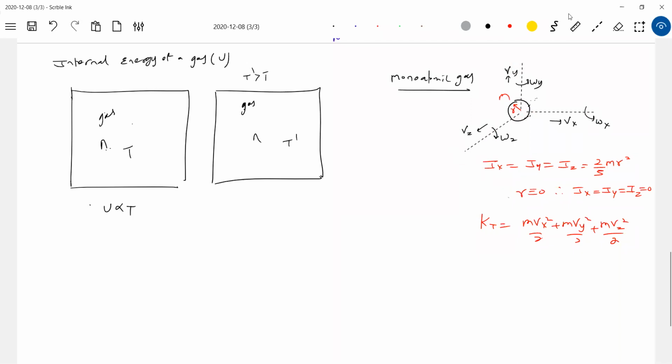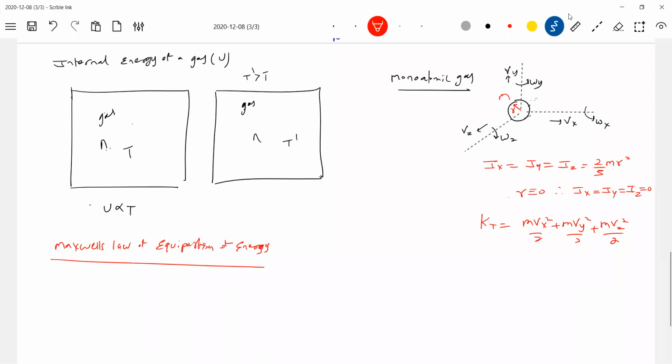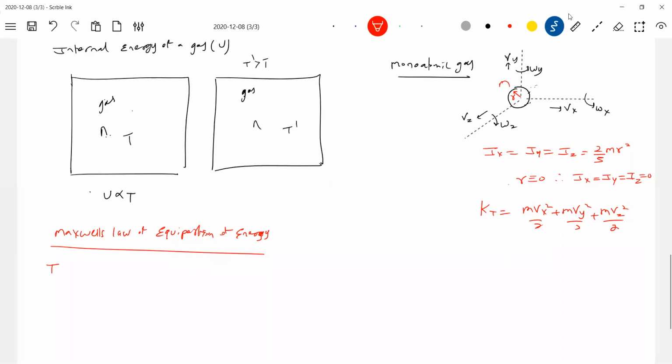So from Maxwell's law of distribution of energy, what is the law? Maxwell's law of equipartition of energy: the total energy of a molecule will be equally divided among each degree of freedom.